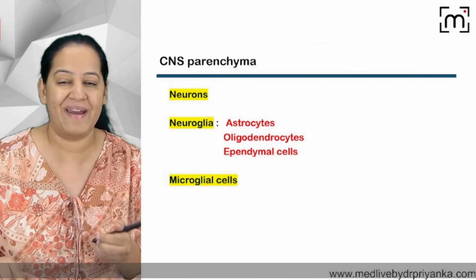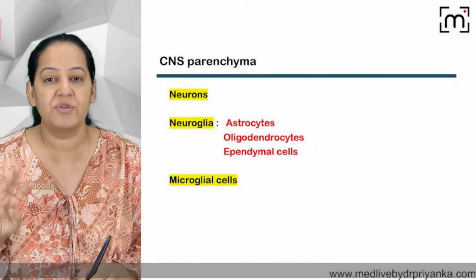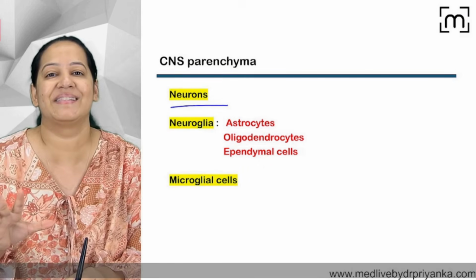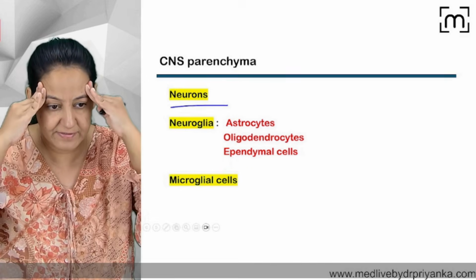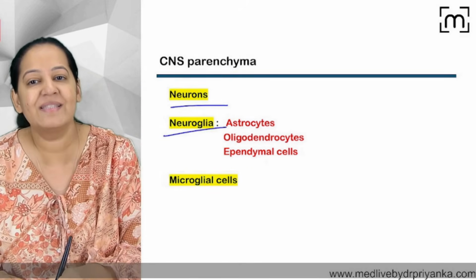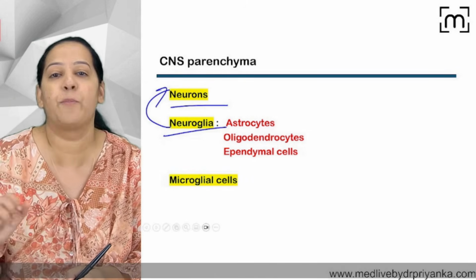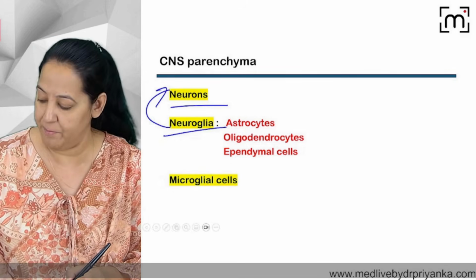First, let's have a look at how many cells are there in the parenchyma. There are three types of cells in the parenchyma. What are they? We have neurons. Neurons are the main cells that transmit the signal. The supporting cells to the neurons are neuroglia. They are present around neurons and they support neurons.